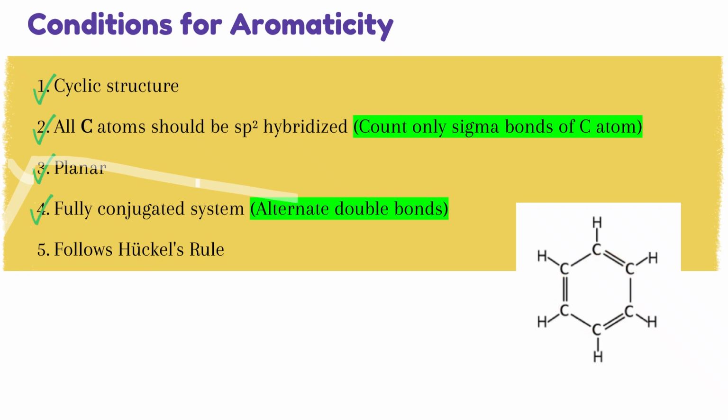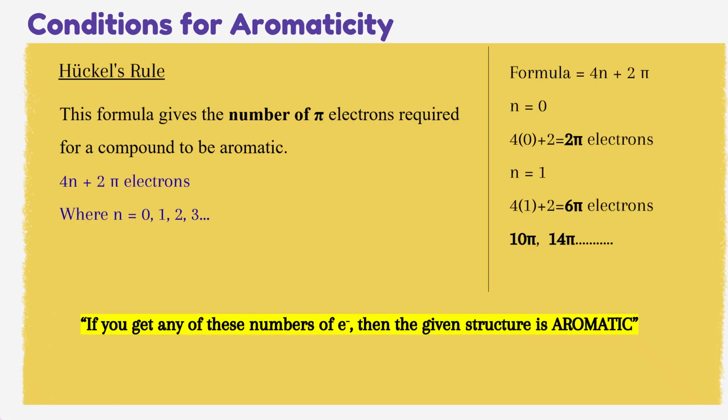Now the last condition is to check for Hückel's rule. Now let us understand what exactly Hückel's rule is. Hückel's rule is nothing but this formula. This formula will give you the number of pi electrons. This number of pi electrons will tell you whether the compound is aromatic or not, because these pi electrons, obtained after solving Hückel's rule, are required for a compound to be aromatic.